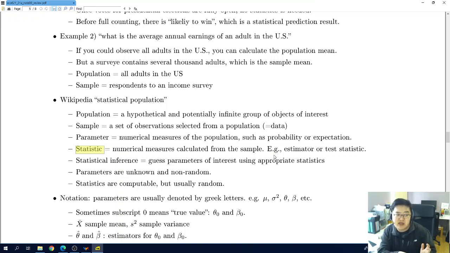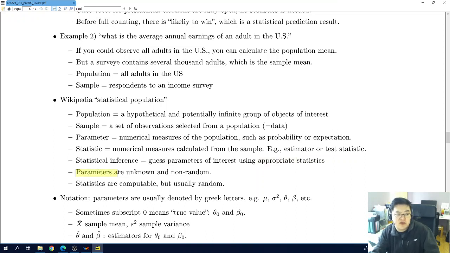Population mean, sample mean. So almost everything goes parallel between population and sample. And then statistical inference is to guess parameters of interest using appropriate statistics. Of course, you have to show why your statistic is appropriate. That's what the statisticians do.